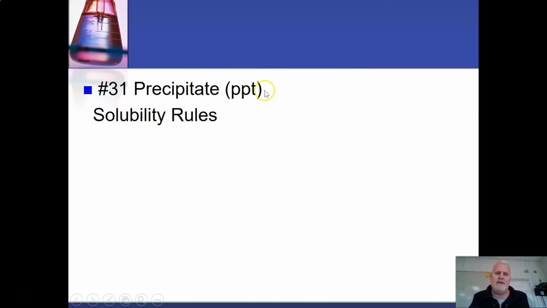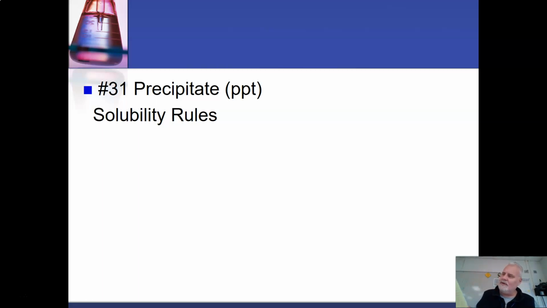What you can use to figure out if a precipitate forms is the back of your yellow sheet. It has solubility rules, and I wrote on there which one is a precipitate, which is the column on the right side where it says insoluble compounds. That will form a precipitate or a PPT.